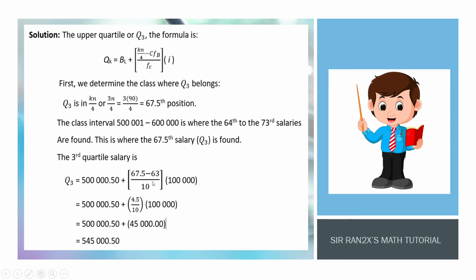Why 10? Because the frequency of the class where Q3 belongs is 10. Then, what is this? It is our i, which I told you is 100,000.